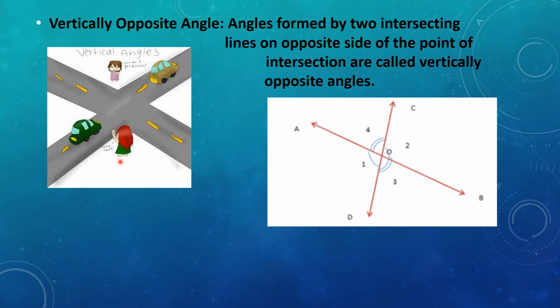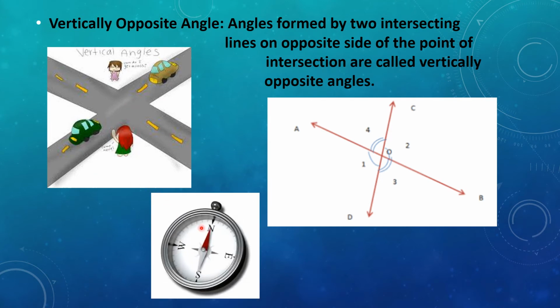These two angles would be vertically opposite angles and these two angles would be vertically opposite angles because they lie on the opposite sides. Here in a compass also you can see, when I give this name as O, NOE and WOS will be vertically opposite angles and WON and SOE would be vertically opposite angles.